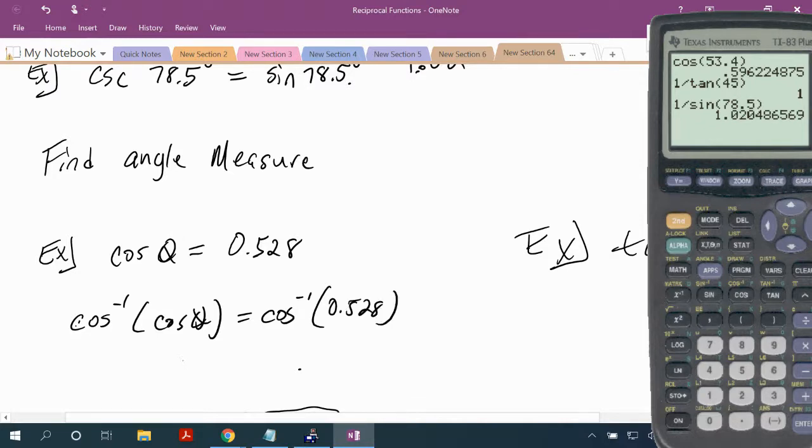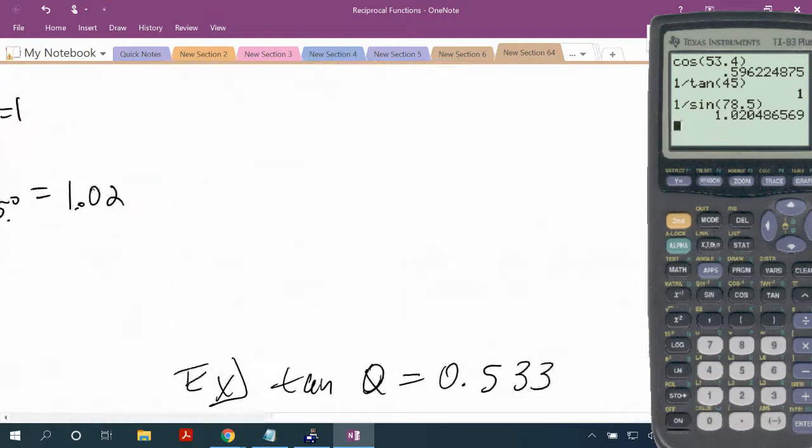Now, what we actually have on the left is called an identity, right? So here are the identities. The arc cosine of the cosine of theta is equal to theta.